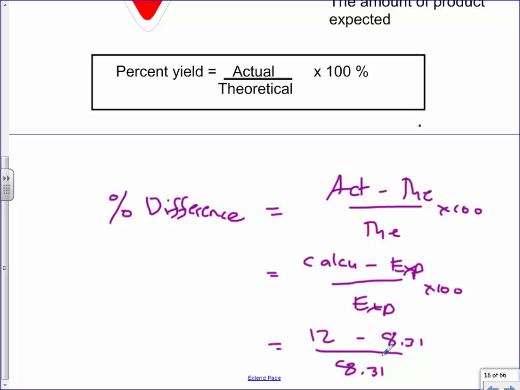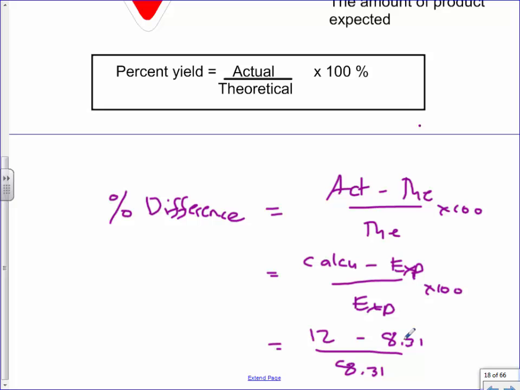Were you exactly correct? No. So what we might ask you to do is find out, well, how far off are you? And that's what percent difference does, it tells you how far off you are. If you get a positive number, it means you were over. If you get a negative number, it means you were below. But ideally, a percent difference should be 0.